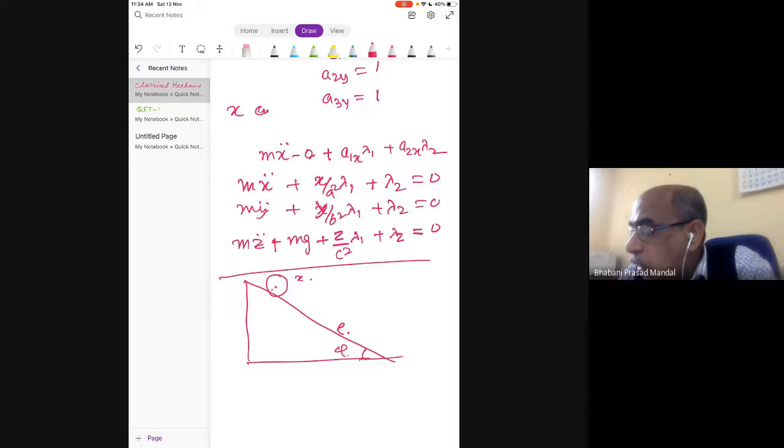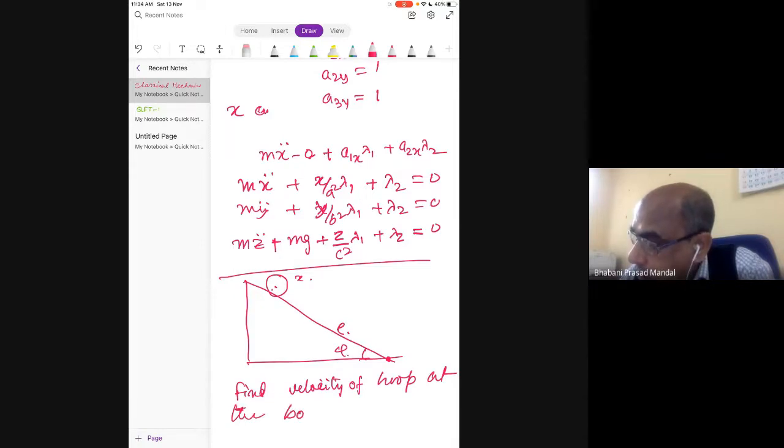Then you have to find the velocity of the hoop at the bottom. It has some radius a.